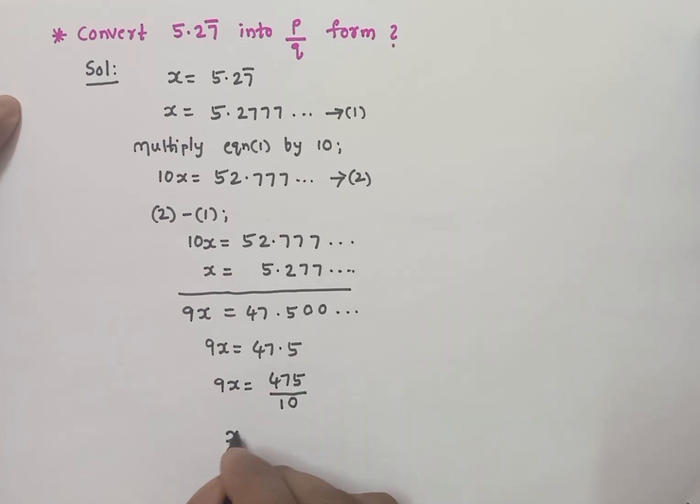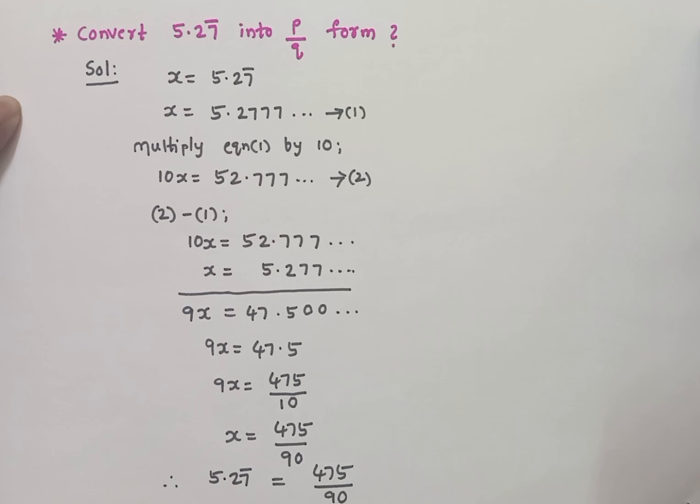So x is equal to 475 divided by 90. If simplification is possible, we'll do that, and this is the answer here. Therefore, 5.27, bar is there for only 7, is equal to 475 divided by 90. So this is the answer we got.